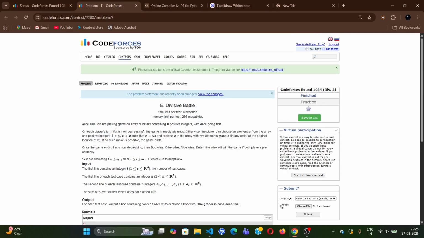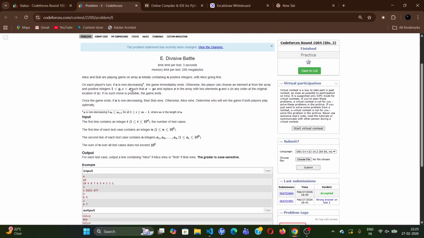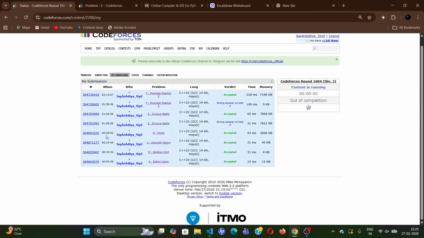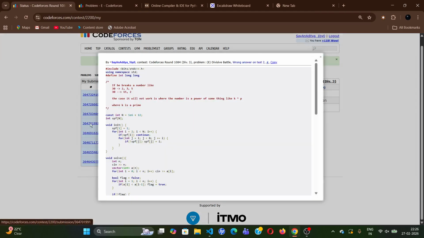Question E. Okay, so we are replacing x with yz. So the best strategy I told in my code, I think, was to break. If this is 30, it is composed of different unique primes, then we will keep the smallest prime in one box and put all the larger primes in another.